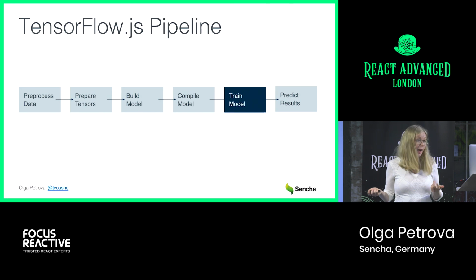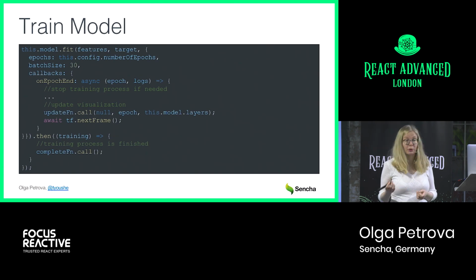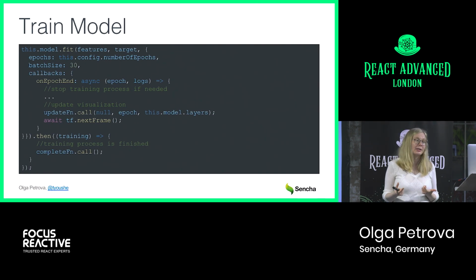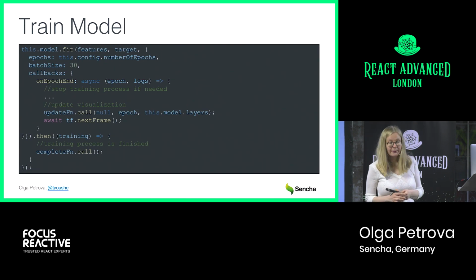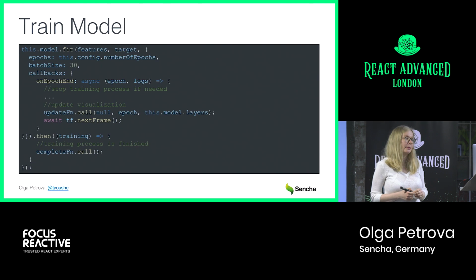And the model is compiled. Now I can train it. To train my model, I just use the model.fit method and send both tensors that I have prepared, the feature and target tensors, and some additional parameters, like count of epochs, count of iterations over data, and batch size. It's the size of data that will be used for one iteration.